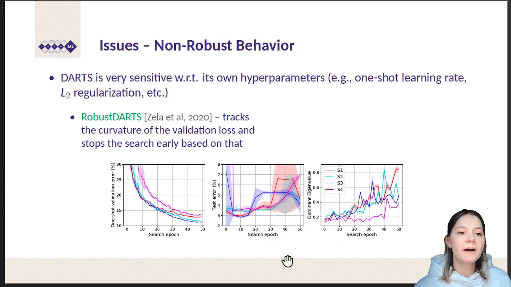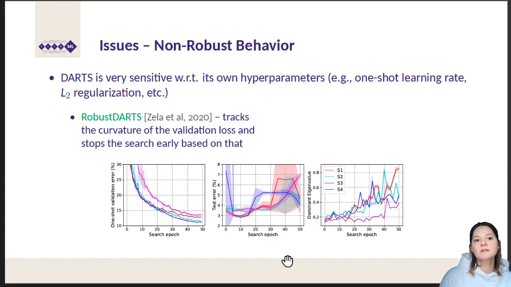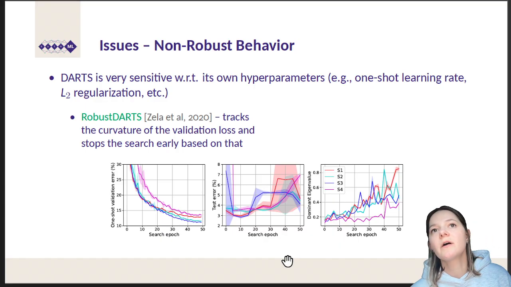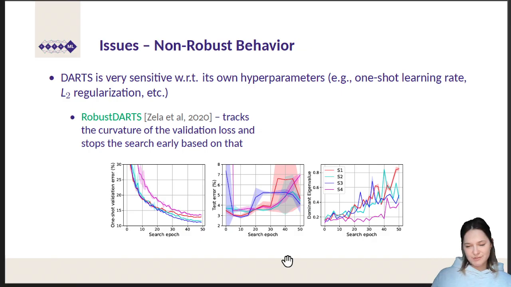And one reason why that is happening is the discretization. In order to get the actual discrete neural network from continuous alpha, we prune the architecture in order to obtain this discrete network. But it actually looks into the neighborhood of the actual optimized alpha.